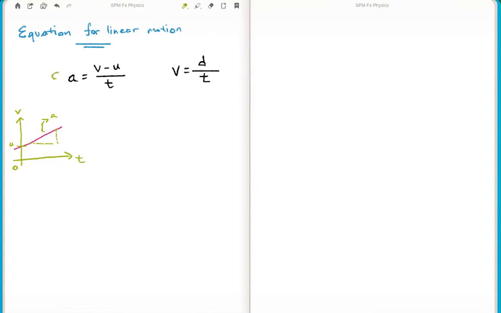Look at the equation on top here: it is change of velocity over change of time. So the gradient for a graph of velocity versus time is actually acceleration. So easily you can tell the equation of this line would be v equals at plus u.